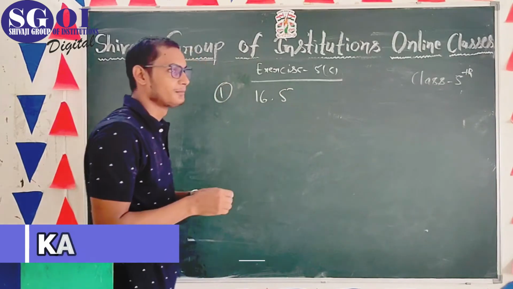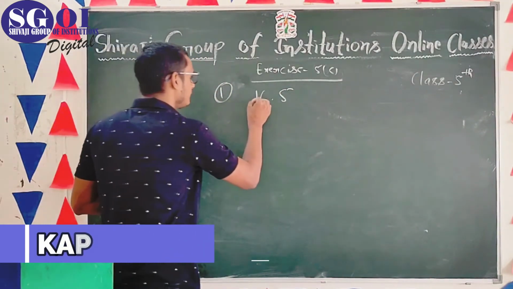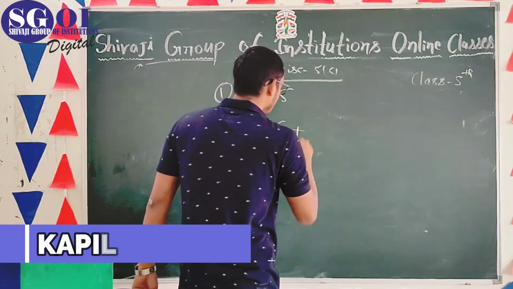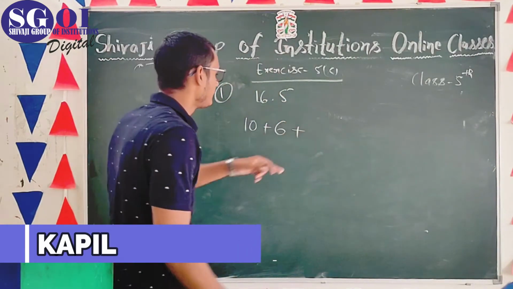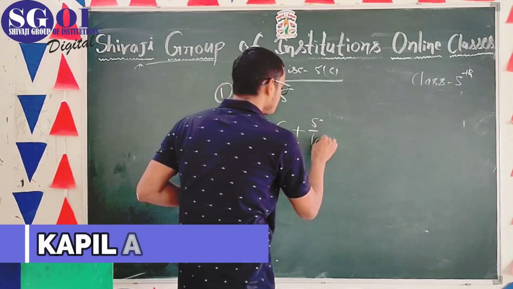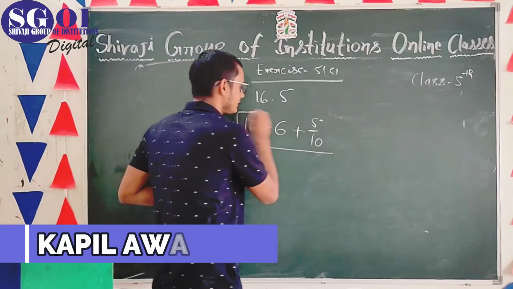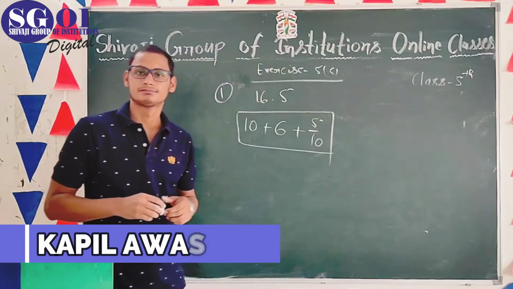Expanded form means place value form. So the place value of 1 is 10, the place value of 6 is 6, and the place value of 5 is 5 upon 10 because 5 is in tenth place. This is the answer.